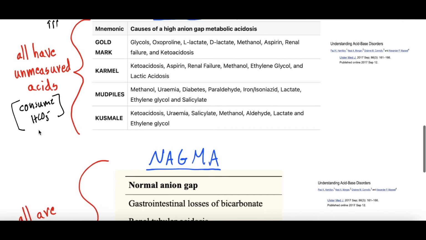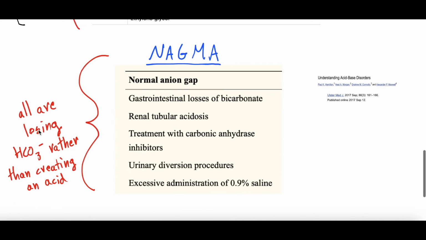Whereas with a non-anion gap metabolic acidosis, as we talked about, you are just losing bicarb. You're not creating an extra acid. This is like GI losses of bicarbonate, if you have a lot of GI losses.